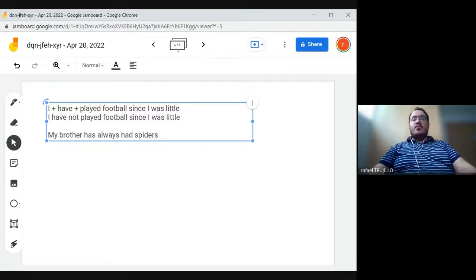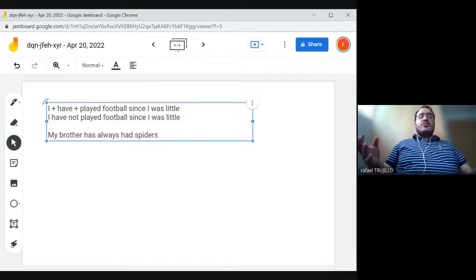Today, he also has spiders. So it is something that has started in the past and continues into the present or has relevance today. See? That is the biggest issue for us. And that is what we need to look for when we are doing this form.